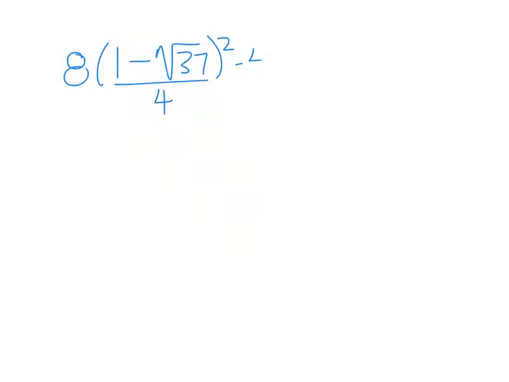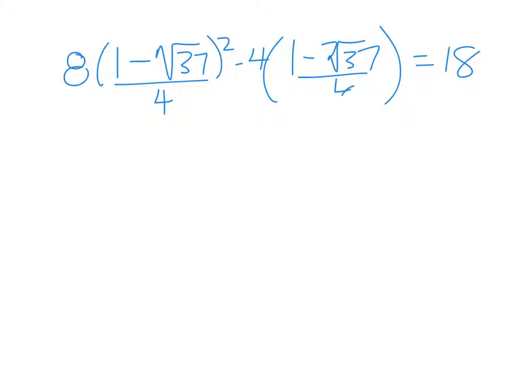Now let's go ahead and check the second one in the original equation. So 8 times 1 minus the square root of 37 over 4 squared, minus 4 times 1 minus square root of 37 over 4 is equal to 18. And I'm going to do the same thing on this side.